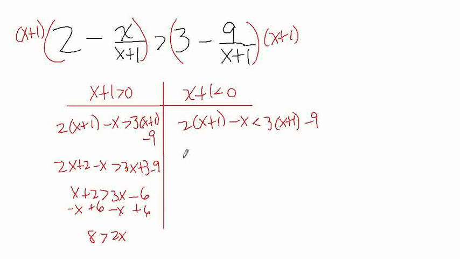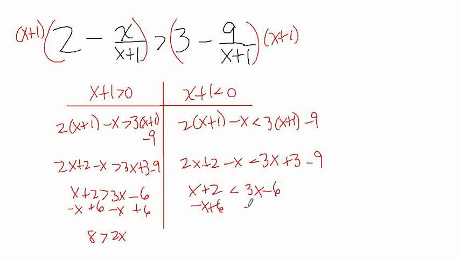On the right side, we will do similarly, and you can probably guess what we're going to get. So we get 8, excuse me, 8 is less than 2x. Okay, divide everything by 2, so 4 is greater than x, and on the right side, dividing by 2, 4 is less than x.